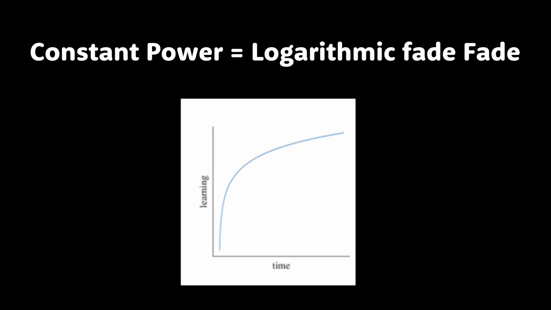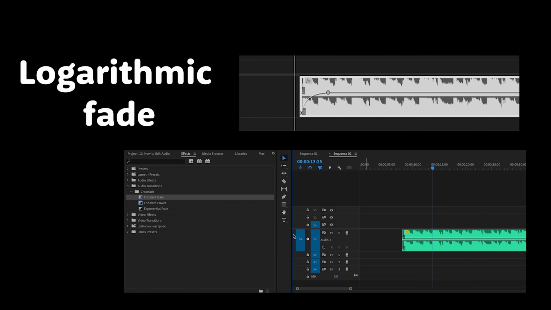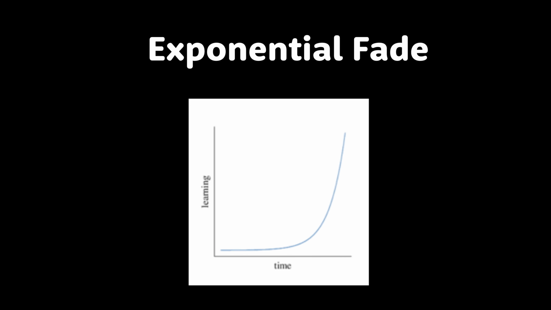Constant power fade is basically a logarithmic graph pattern of fade, so the sound will travel based on this pattern. Exponential fade, again, here is a graph.